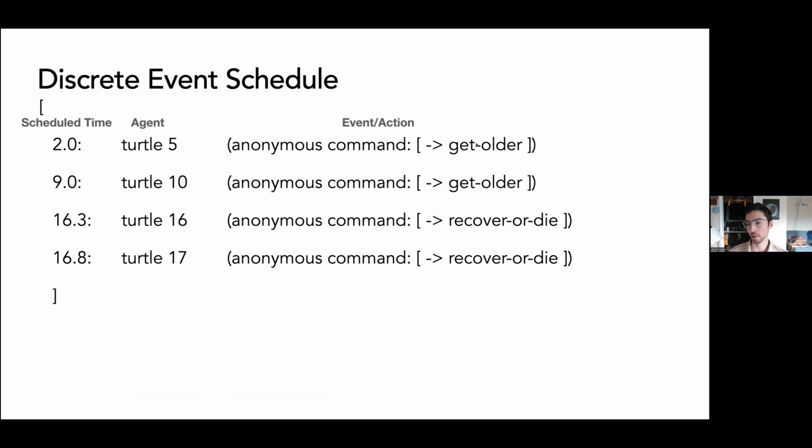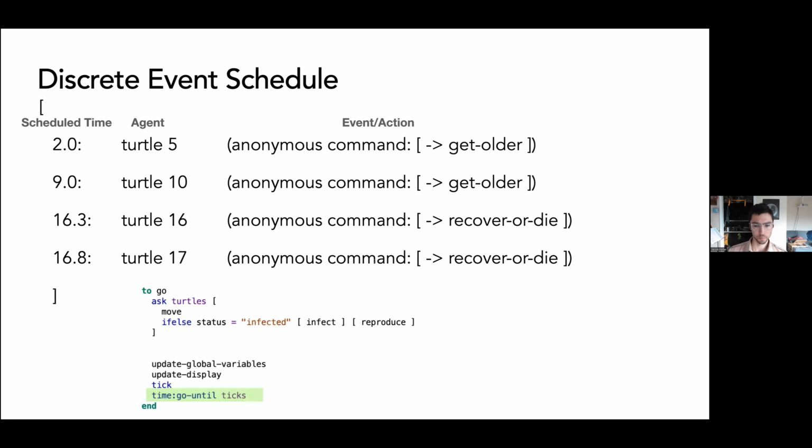In this case, there are two different examples of getting older or recovering or dying. Every time this time go until ticks line is called, let's say right now we're at tick 3, because we were at tick 2 and then we ticked.